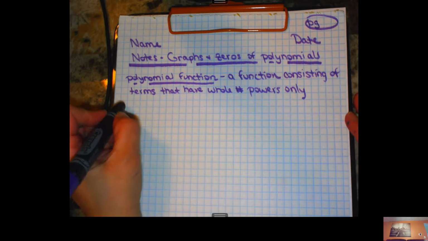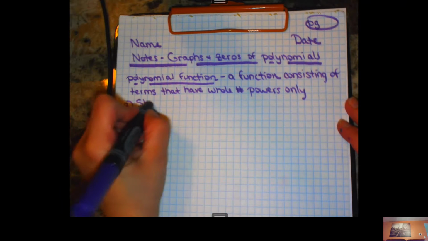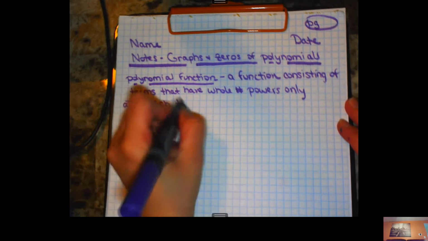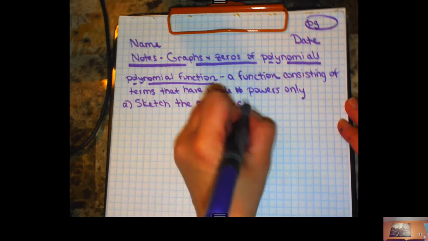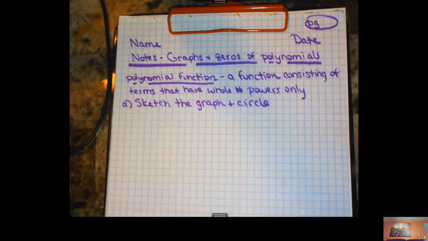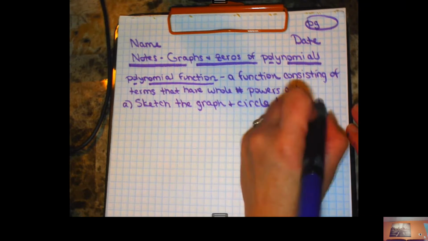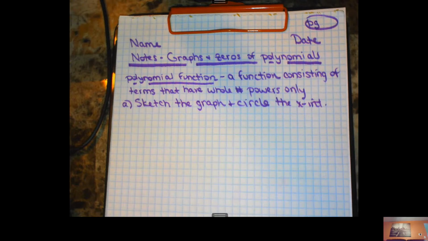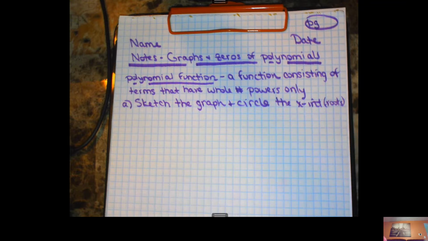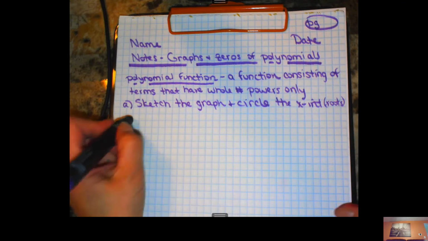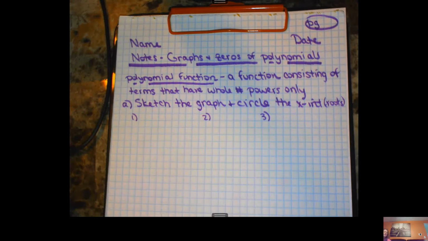So for this first example, can you write example A? Sketch the graph and circle the x-intercepts. X-intercepts are also, just so you know, called roots, so can you put roots at the end? So we're going to do 3 examples, so 1, 2, and 3, just so you can get a quick idea.